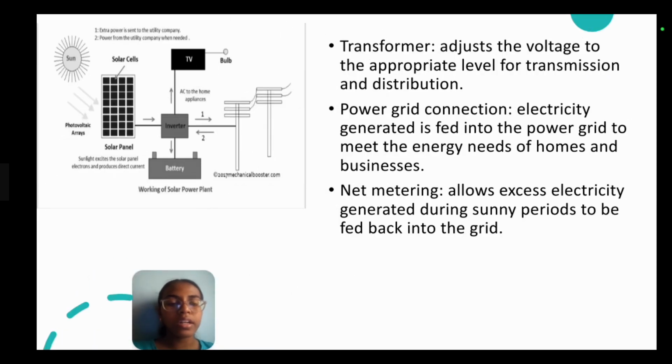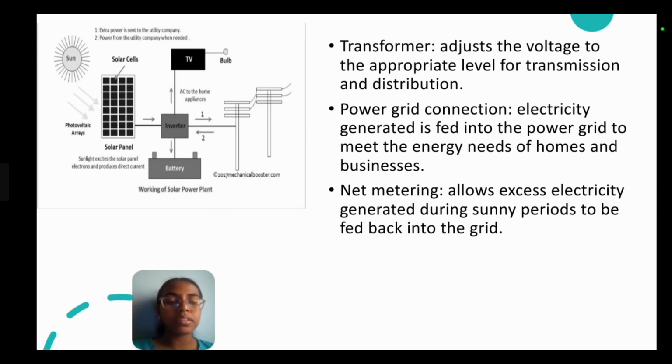The alternating current is then sent through a transformer, which adjusts the voltage to the appropriate level for transmission and distribution. The electricity generated by the solar power plant is fed into the power grid. It can either be used on site or distributed to a broader electrical grid to meet the energy needs of homes and businesses.